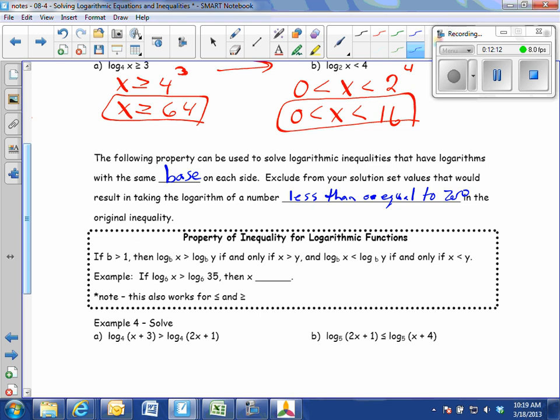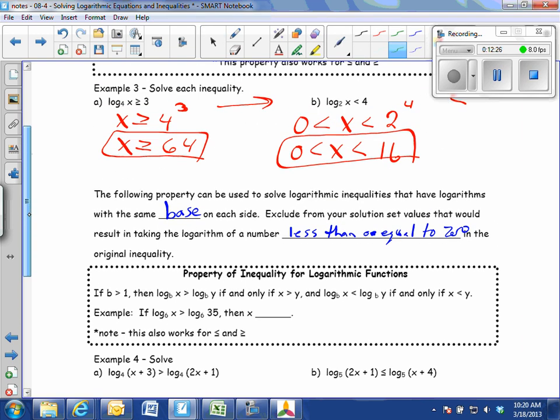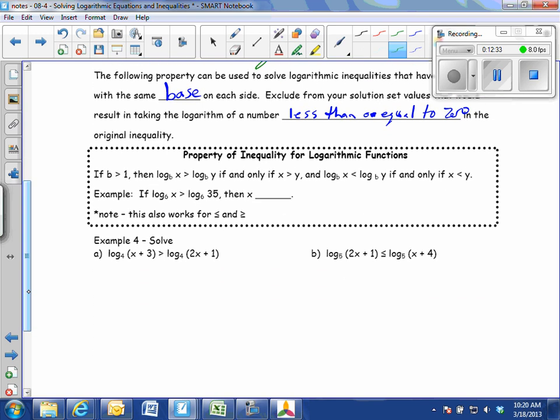So in other words, we're going to find restrictions, because we can't take a logarithm of something that is less than or equal to 0, of a negative. Just like we were talking about up here, where we said it has to be greater than 0 because we can't have a negative in there, it's the same idea down here. If we're saying, in this case, the log base 6 of x is greater than log base 6 of 35, then x has to be greater than what? 35.